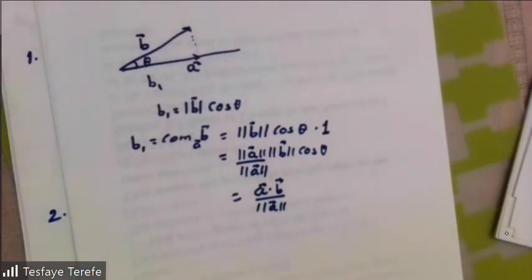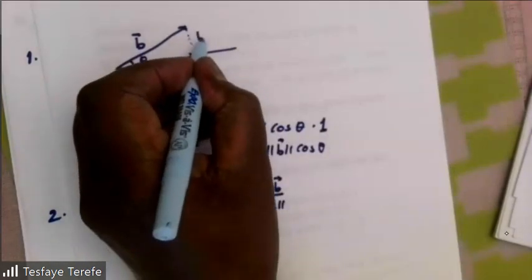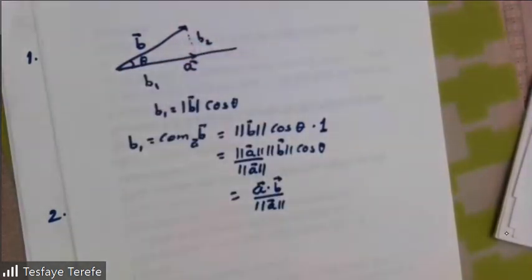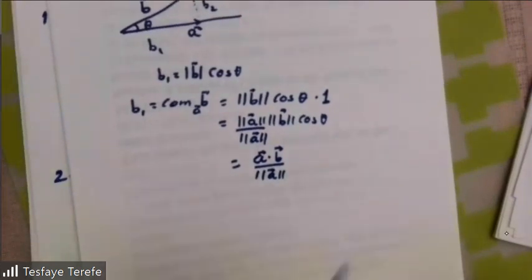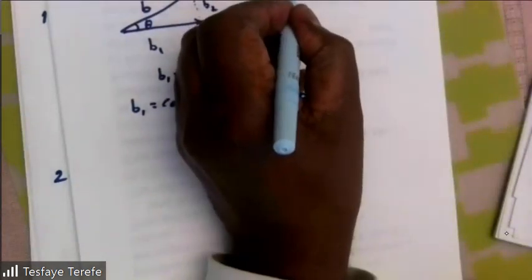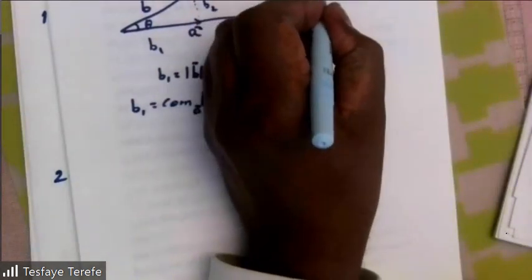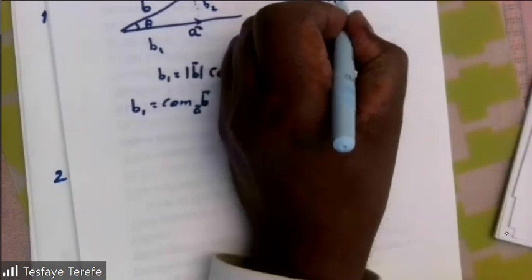All right. Now if I have vector B's vertical component B2, how do I get B2? Remember, vector B is represented by B1 and B2.